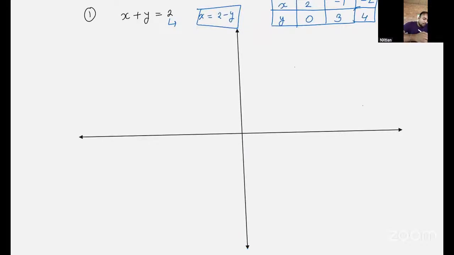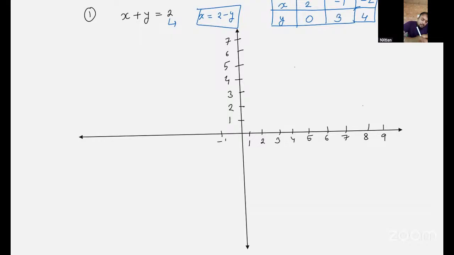Okay. Very good. So now I'm making a graph. I'm putting 1, 2, 3, 4, 5, 6, 7, 8, and 9. This is 1, 2, 3, 4, 5, 6, 7.